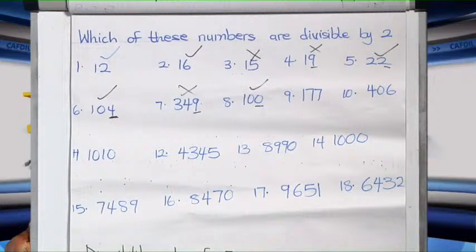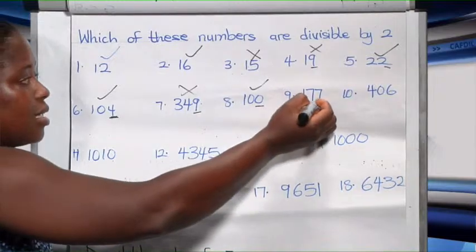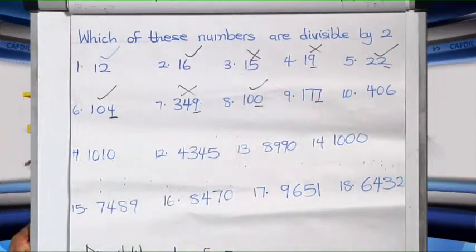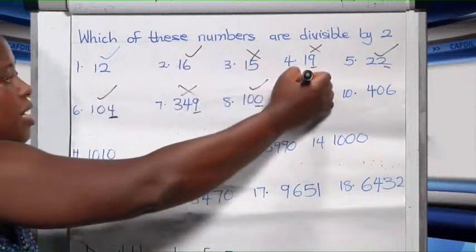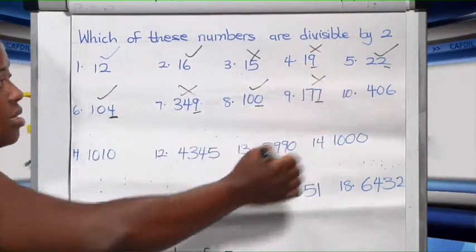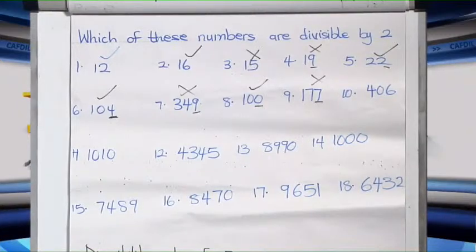So 100 is divisible by 2. 177. Is it divisible by 2? The last digit is 7. 7 is not an even number. 177 is not a multiple of 2, or it is not divisible by 2.